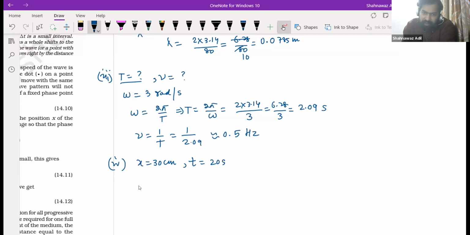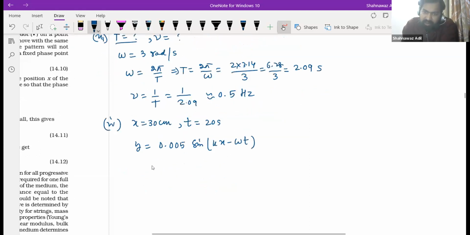So then y, we already have that, is 0.005 sine of kx minus omega t, right? And the k value was given, so 0.005 sine of 80. X is 30 centimeter, right? So 30 centimeter means 0.3, minus omega, which is given as 3, and time is 20.